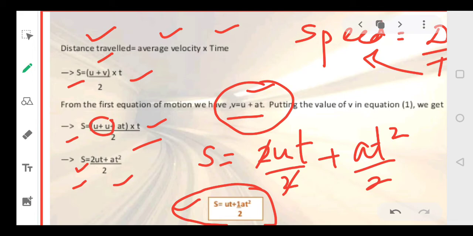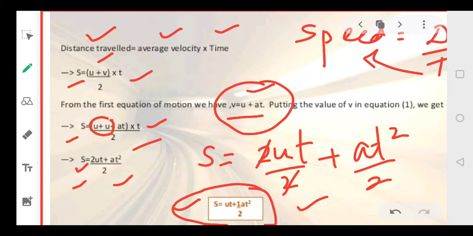This is called the second equation of motion. Right, everyone? What is the first? V is equal to U plus AT, and the second is S is equal to UT plus half AT square. Any doubt, everyone?